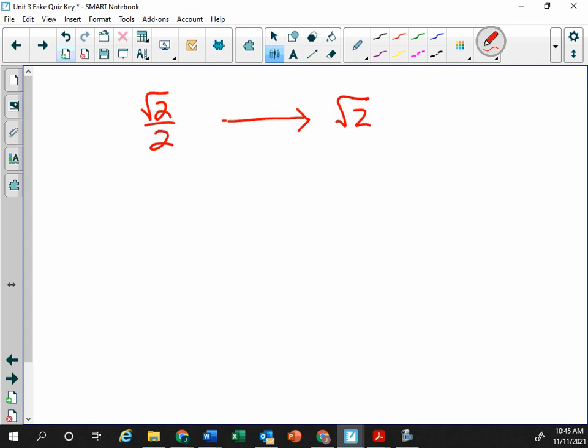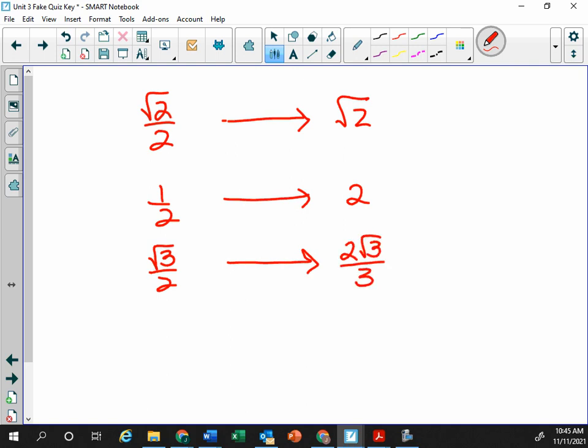You shouldn't have to go through every time going, okay, 2 over root 2, and let me rationalize, and okay, 2 root 2. Oh, I got root 2. Every single time you're going to get root 2. Just like every time you start with a half, when you flip it, you get 2. If you start with root 3 over 2, when you flip it, it is 2 root 3 over 3 every time. 1 flipped is 1. 0 flipped is undefined.